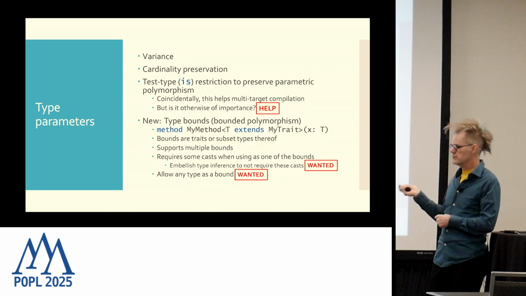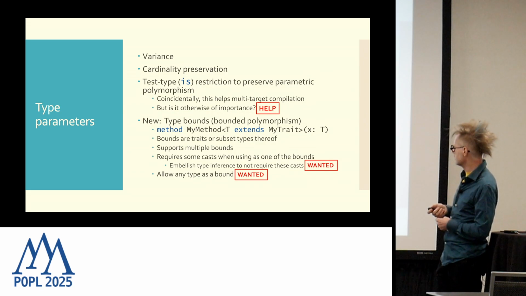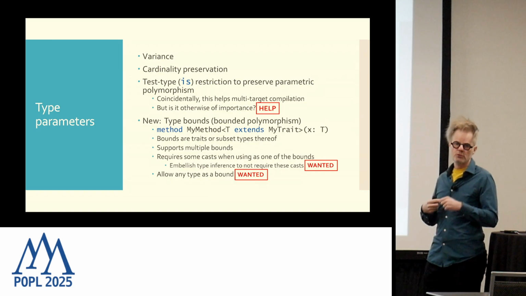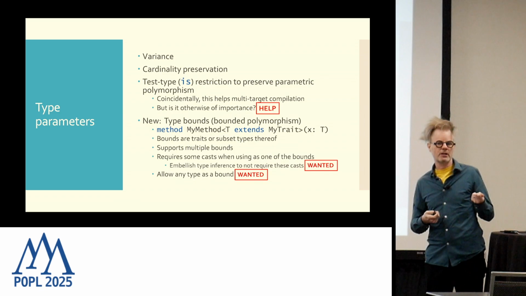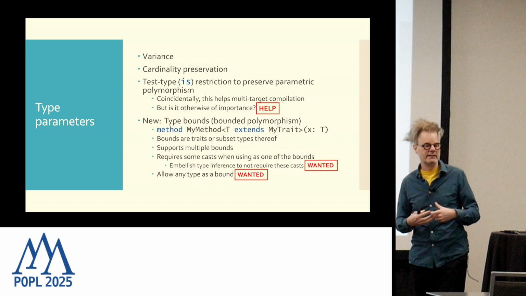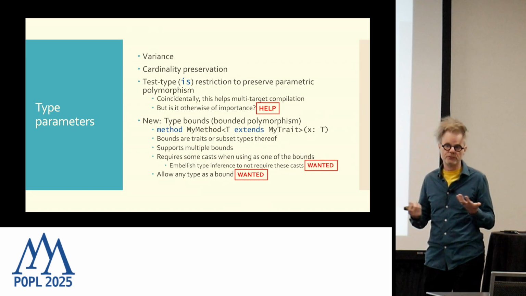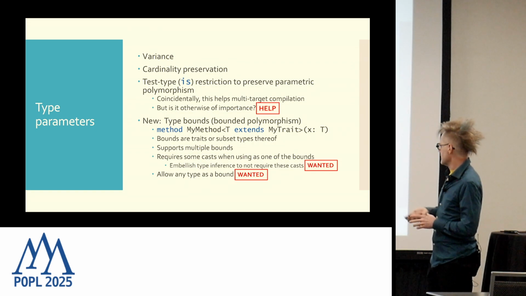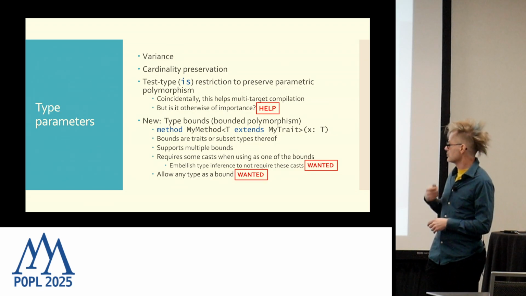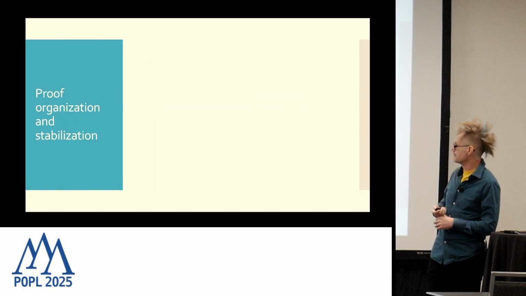I think that's much easier, actually. Also, you can use only traits or subset types thereof as bounds. Why not allow any type? You could say that it's anything based on an integer, for example. That could be nice, and it's not there. That could also be nice to add. But yes, bounded polymorphism exists.